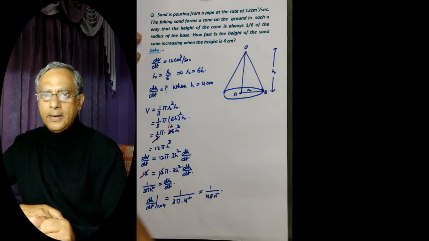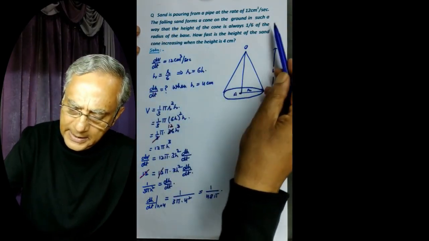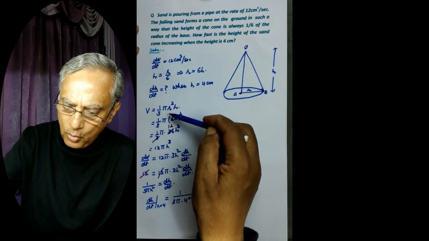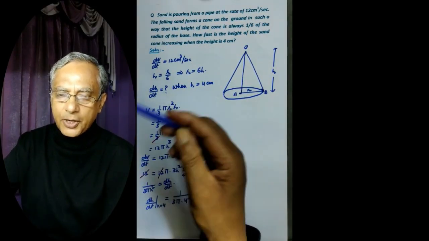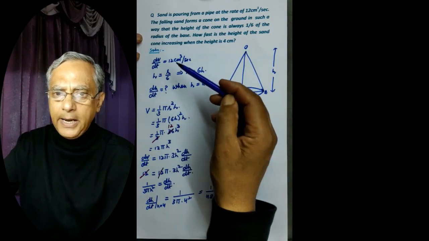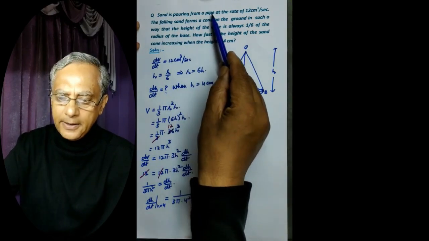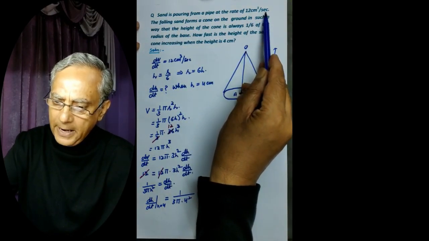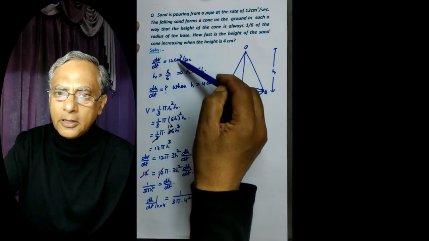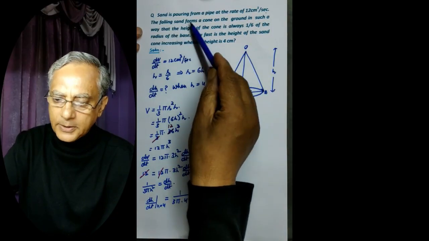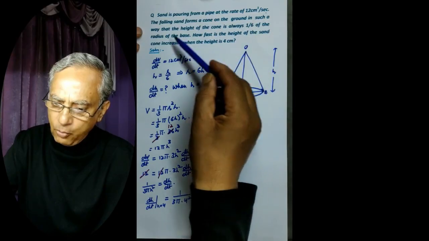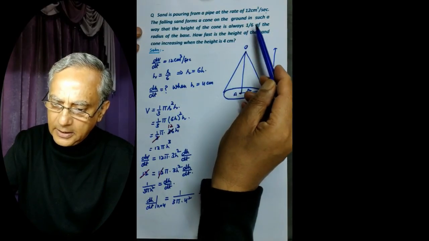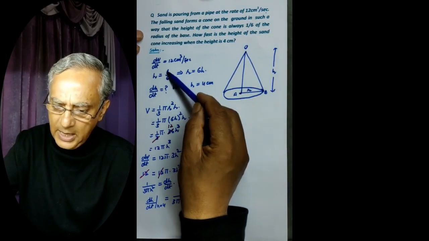This is simple. You can try it. First thing is read out the statement and convert it into a mathematical statement. Then you will not have to read the statement again and again. Sand is pouring from a pipe at the rate of 12 centimeter cube per second. Write dV by dt is 12 centimeter cube per second. The falling sand forms a cone on the ground in such a way that the height of the cone is always 1/6 of the radius.